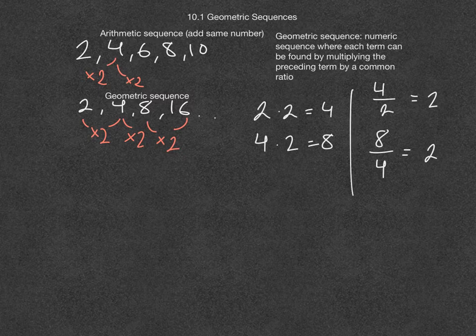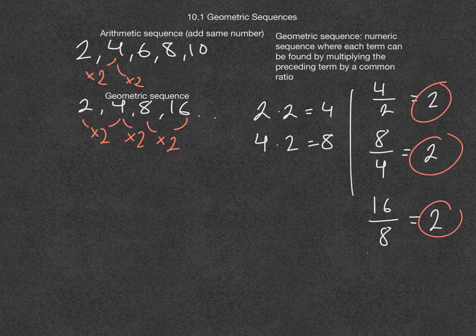And what we see here then is we have a way of identifying a geometric sequence. If we take one term and divide it by the previous term, and we get the same number, then we have a geometric sequence. And this number that is the same is called the common ratio. We use r for short.